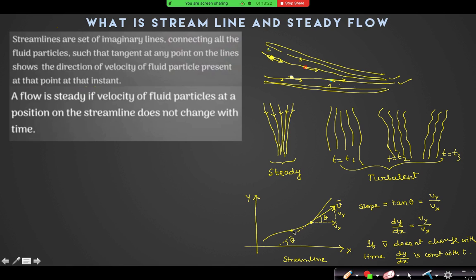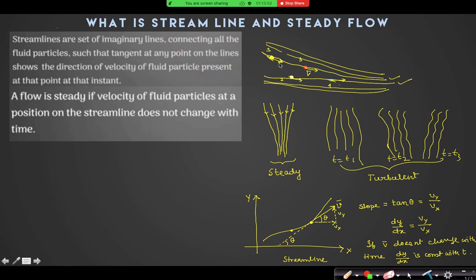So velocity in steady flow is a function of position, not a function of time. Suppose this velocity is the v vector; if it is a steady flow, you have to say that this velocity is constant with respect to time, not with respect to position.